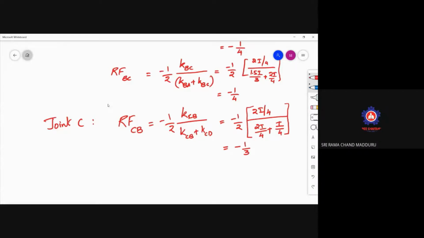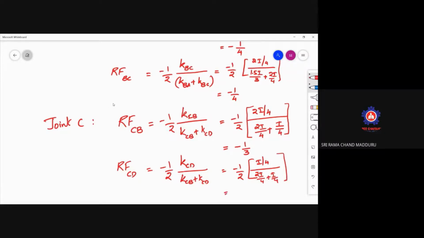RFCB is minus 1 by 3. RFCD is minus half of KCD by KCB plus KCD, which is minus 1 by 2 into I by 4 over 2I by 4 plus I by 4, and the value is minus 1 by 6.